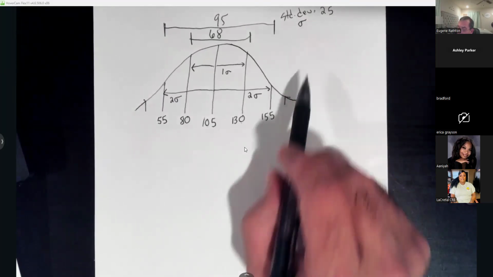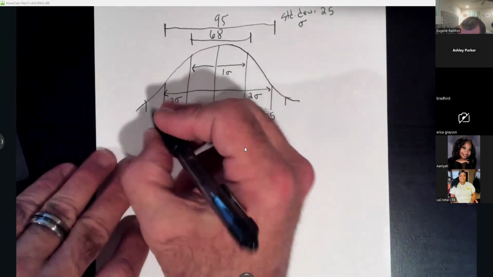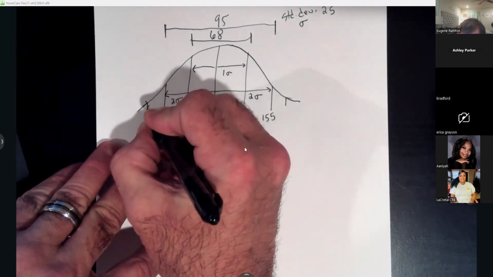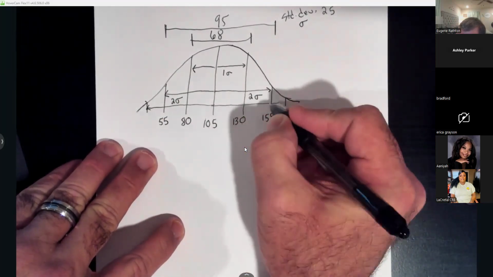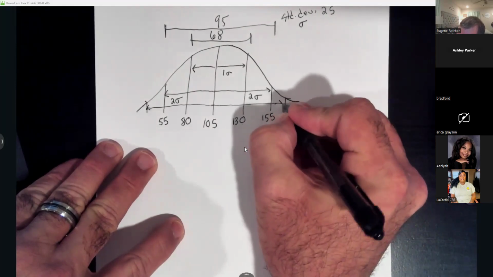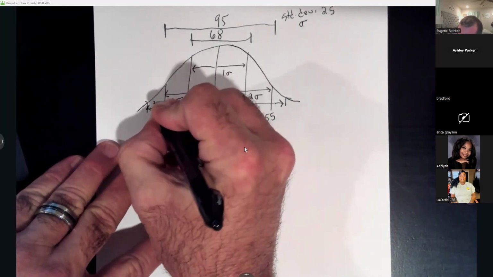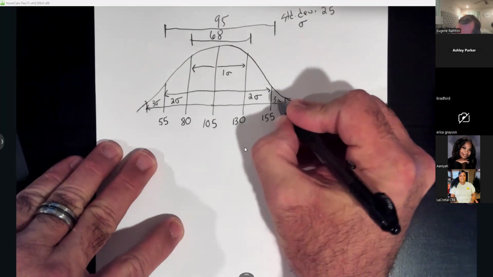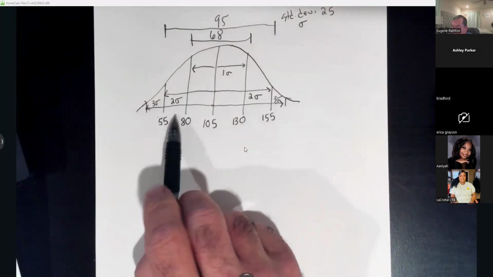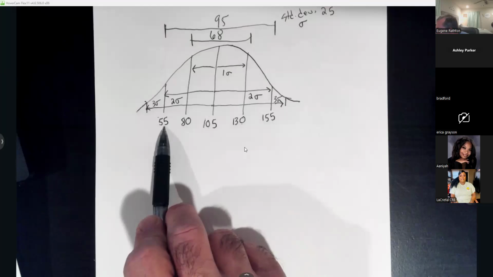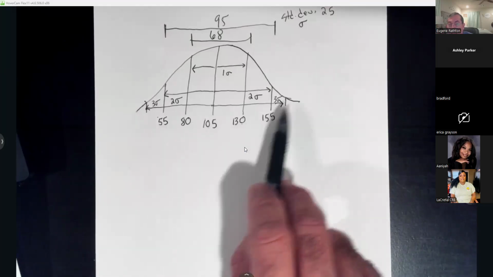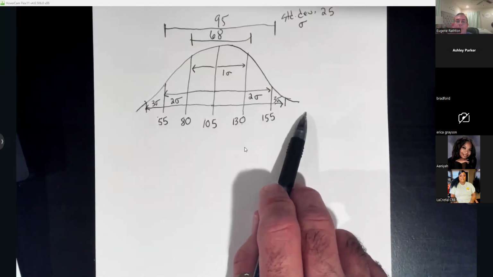All right, y'all, then finally, three standard deviations. So this will be three standard deviations. So once again, you're going to subtract 25, and then you're going to add 25.